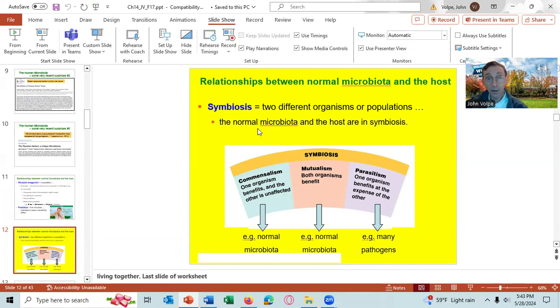The normal microbiota and the host live in symbiosis with each other. There are three forms of symbiosis. The normal microbiota either has mutualistic symbiosis or commensalistic symbiosis. Commensalism is where one organism benefits and the other organism is unaffected.